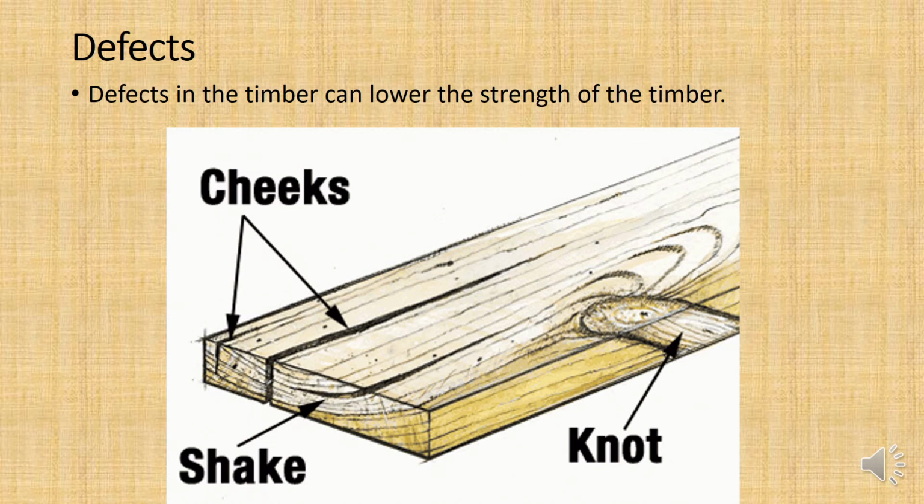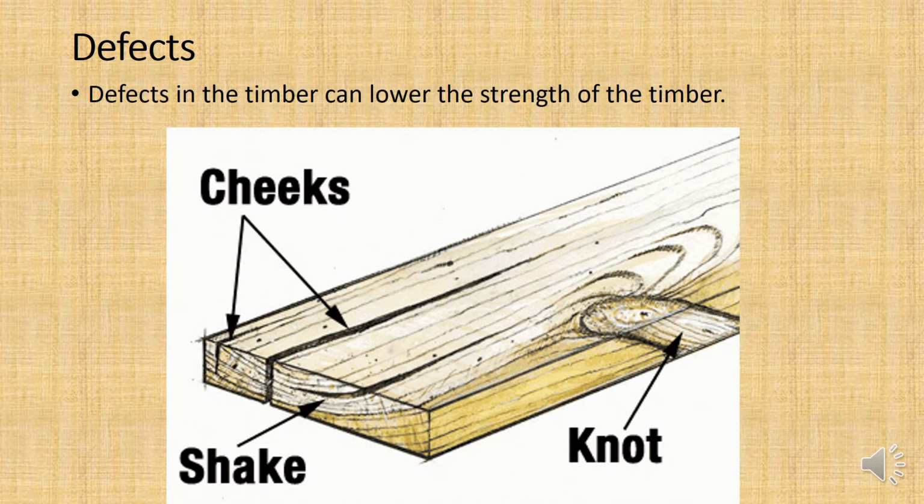A shake, on the other hand, is where it splits with the grain. It sort of separates the wood rings from the lumber rings. Usually a shake will have a little bit of curvature to it because it's following the curve of the ring of the lumber.